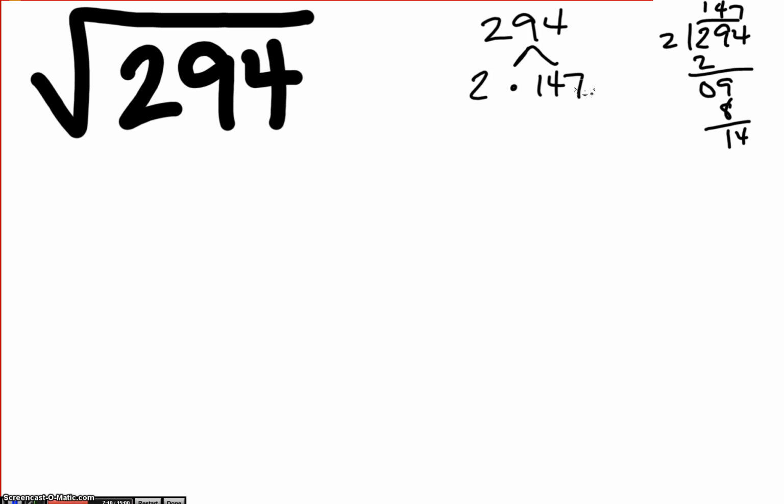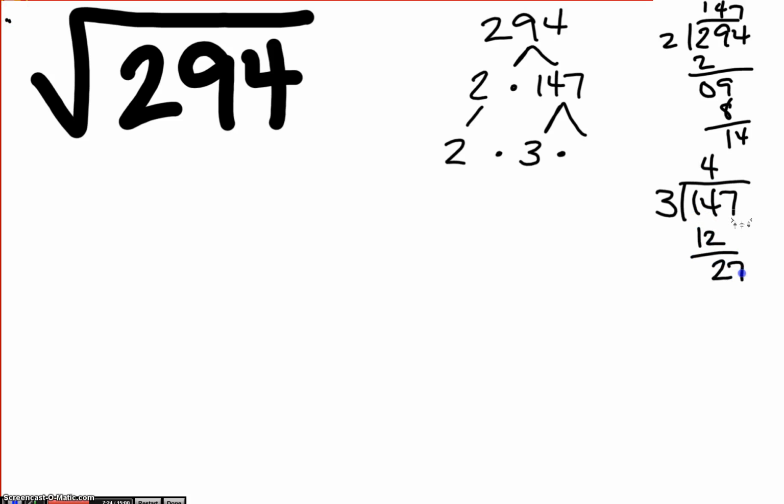147 divided by 3, I don't know if it works. It does work. So I have my 2 times 3 times 147 divided by 3. Notice that I'm showing my work since I don't have a calculator. That's 12, so that's 27, that's 49. These are prime, but I'm still not done with 49. That's 7 times 7.